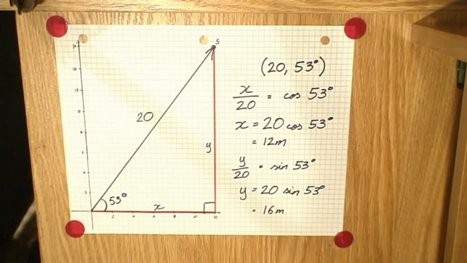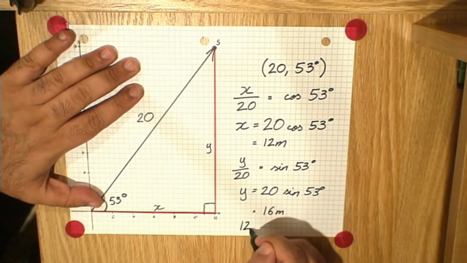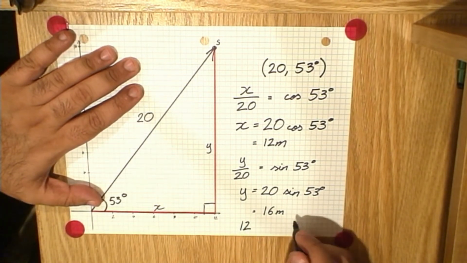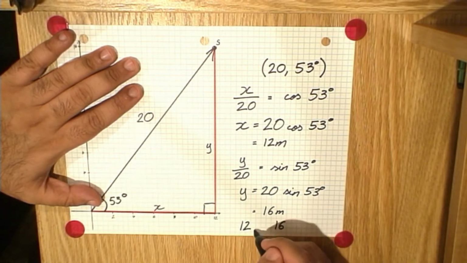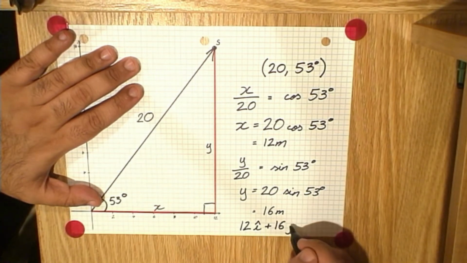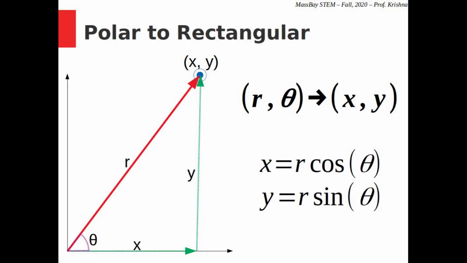So now it works out to 12 in the x direction, 16 in the y direction, which I can also write like this: 12i hat plus 16j hat. To convert from polar to rectangular, we need to find the x and y coordinates.